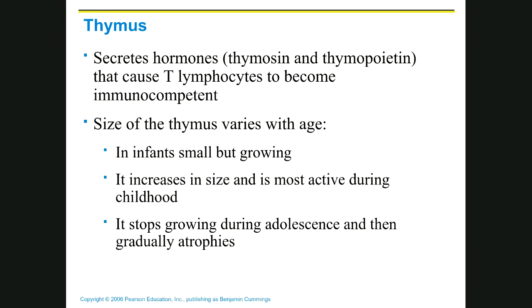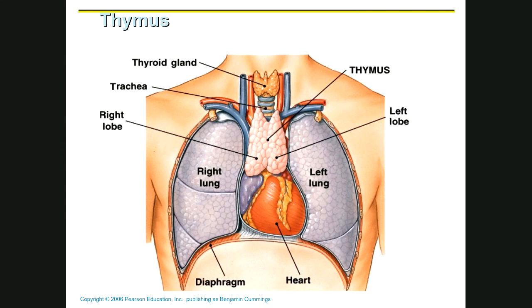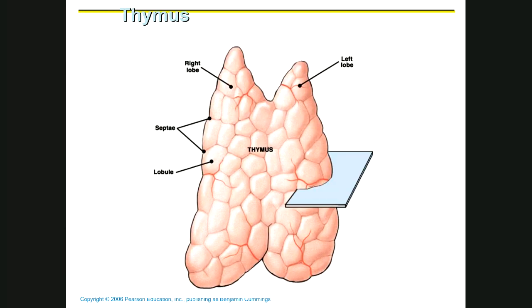And so the thymus starts shrinking. It gets smaller and smaller and smaller. And by the time you're in your 40s or 50s, you can't even find it anymore. It's gone because its job has been done. It's finished. Here's where it's located. It's located in the mediastinum, right beneath the sternum, right there. And like I said, in children, it's big, but in an adult, it gets much, much smaller.